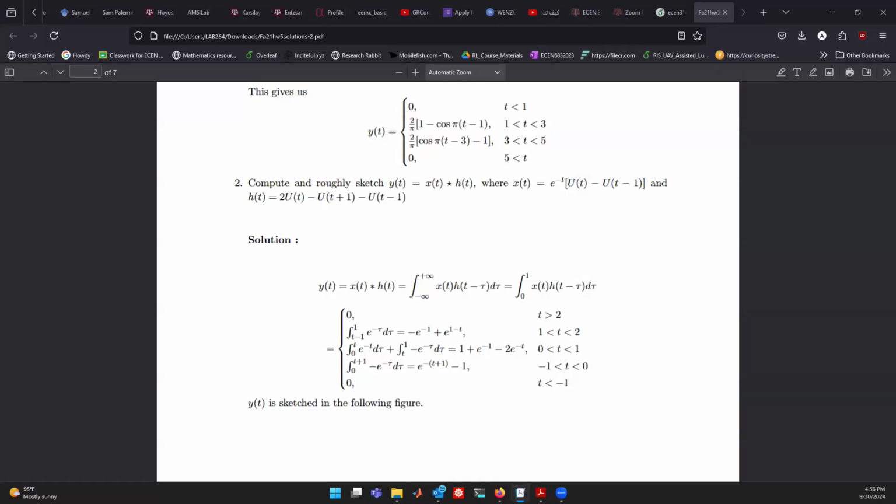And the integration will be just over this portion of the signal, which is from t minus 1 to 1. t minus 1 is because we have shifted this one by a t, which is between 1 and 2.